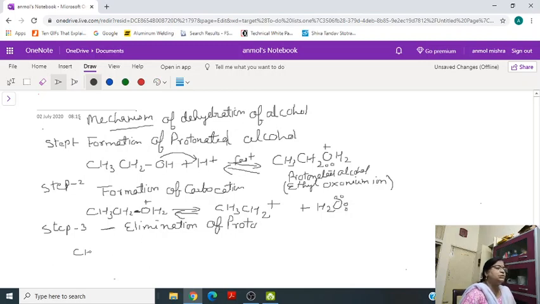So this carbocation, ethyl carbocation, will release the proton to form alkene.